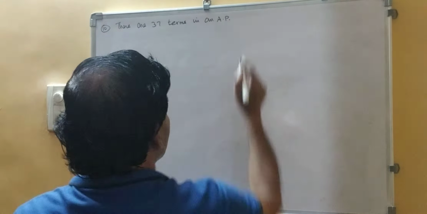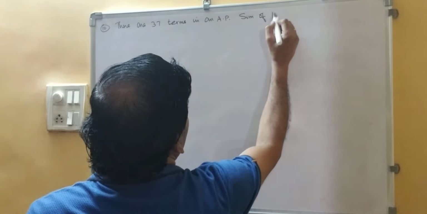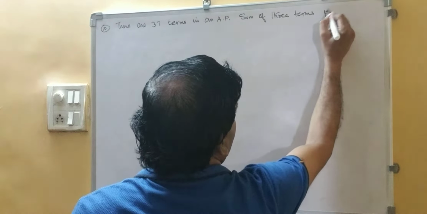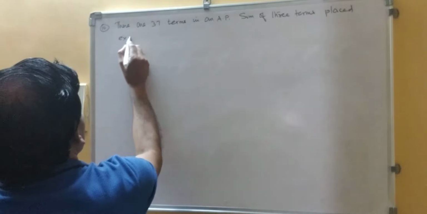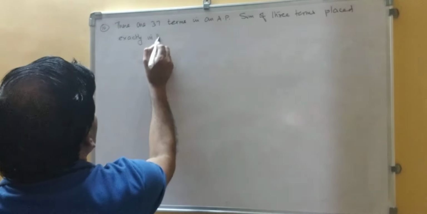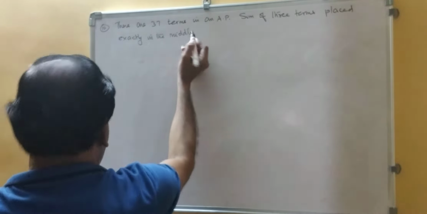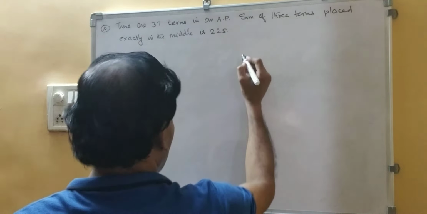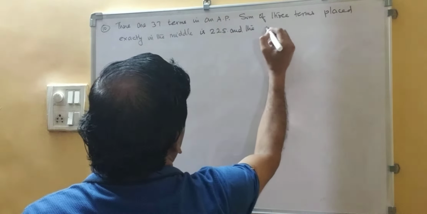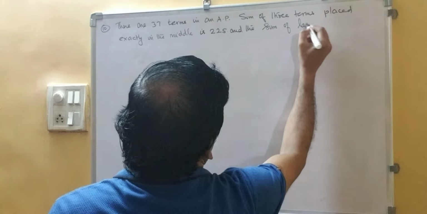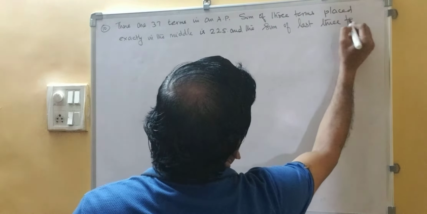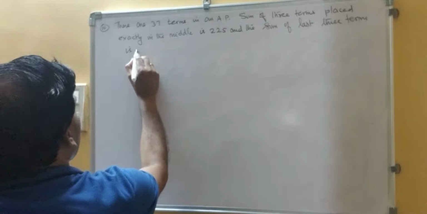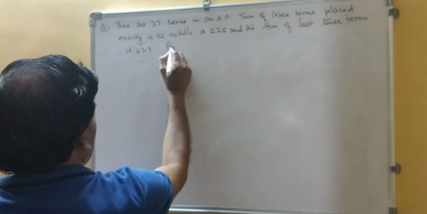The sum of 3 terms placed exactly in the middle is 225, and the sum of the last 3 terms is 429. Find the AP.